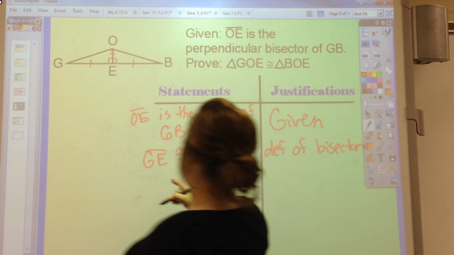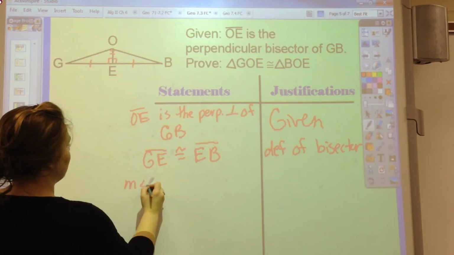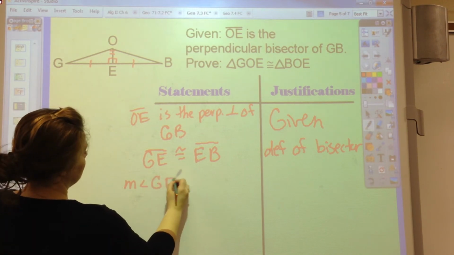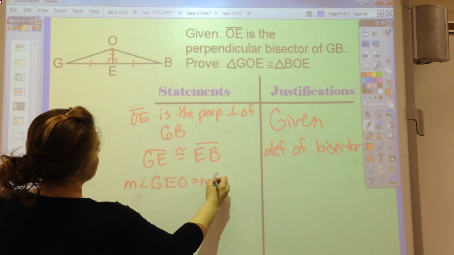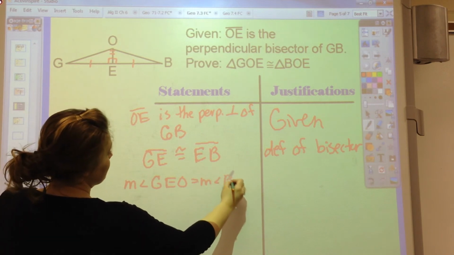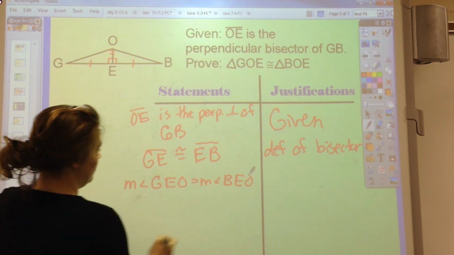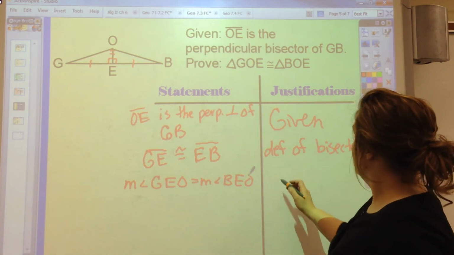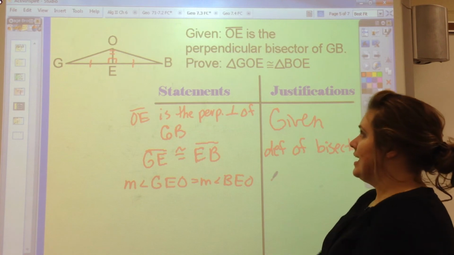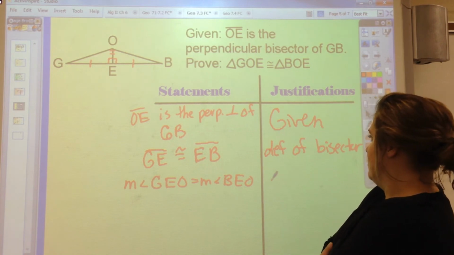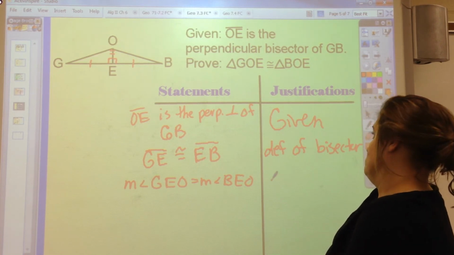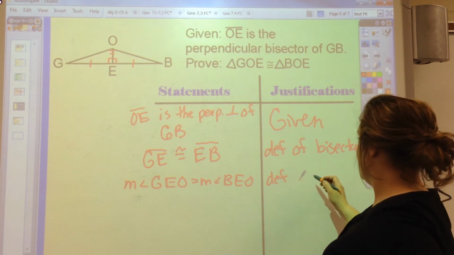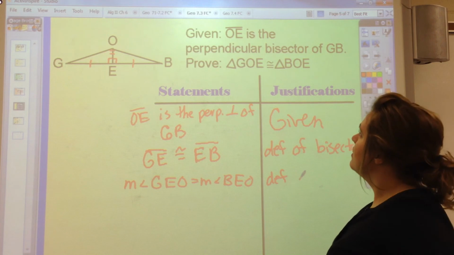And then I'm going to say the measure of angle GEO equals the measure of angle BEO. And that's because they're both right angles. Maybe I need to say that they're right angles.